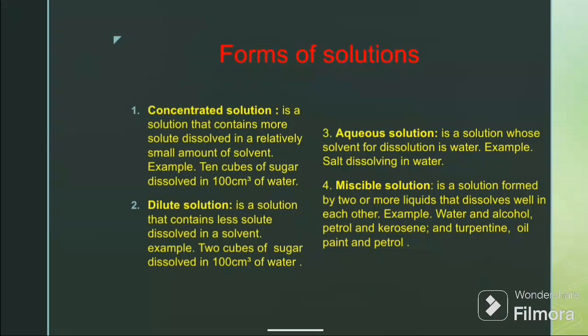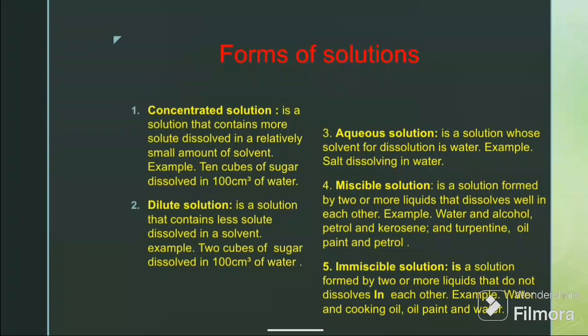The next is immiscible solutions. Immiscible solutions are formed by two or more liquids that do not dissolve in each other. So miscible liquids dissolve in each other, while immiscible liquids cannot dissolve in each other. This is a very common real life situation.